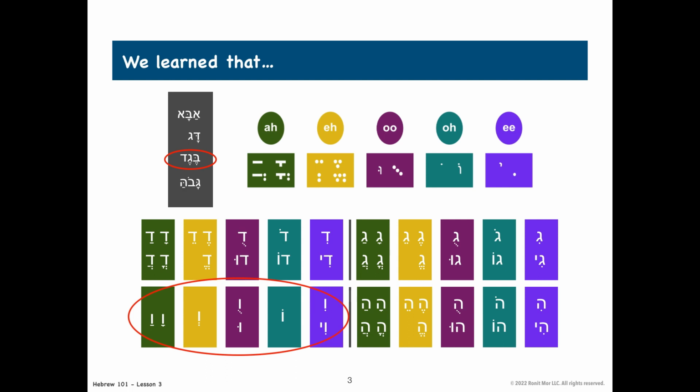So what is beged? Okay, an item of clothing. Clothing. Yes. Okay. And the last one? Okay, so the last one is gavoha. Gavoha, which means tall or up there.